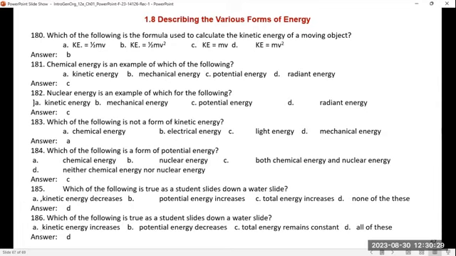The answer to which of the following is true as a student slides down a water slide: kinetic energy increase, potential energy, all of these, none of these in question 185. So I gave the answers here. Do you see?